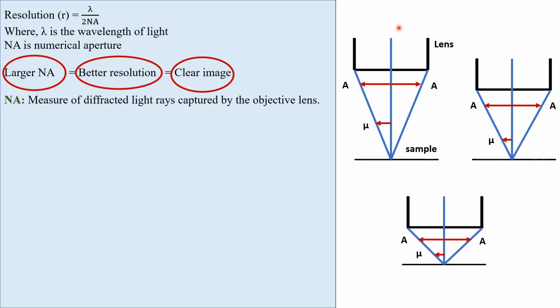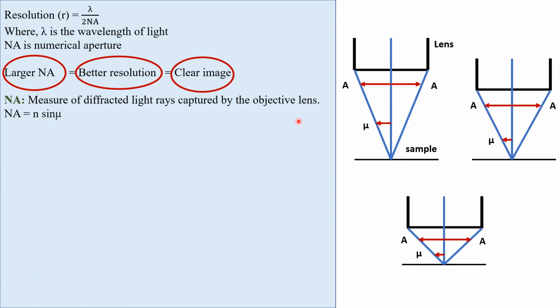Here you can see this is the sample. Light hits the sample and is diffracted by it, and it is captured by the objective lens. This is the objective lens. So, NA is the measure of the captured light.